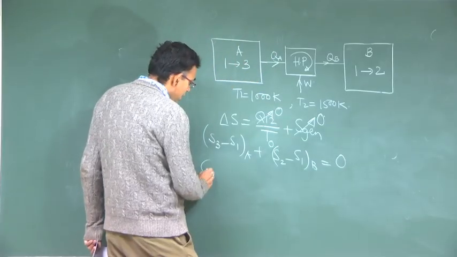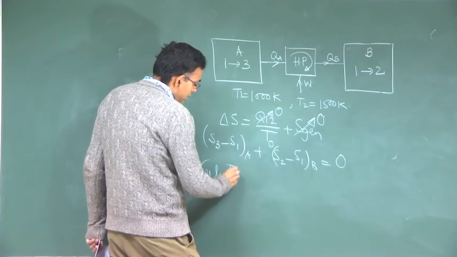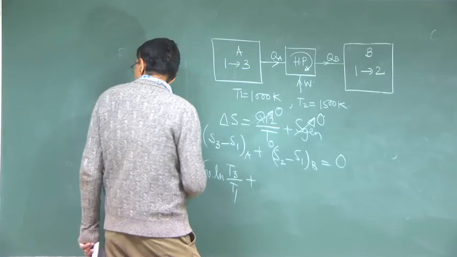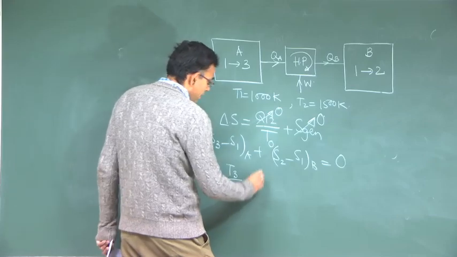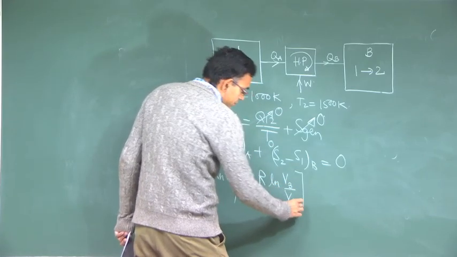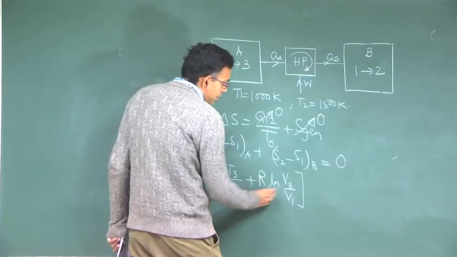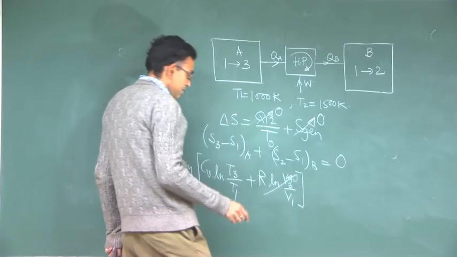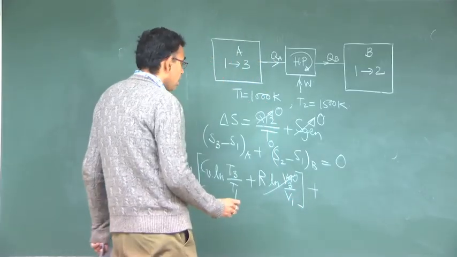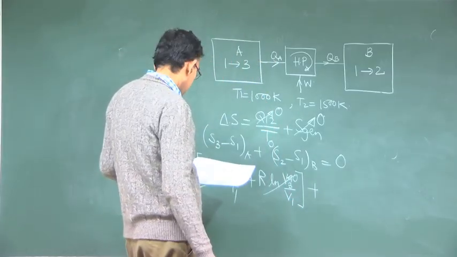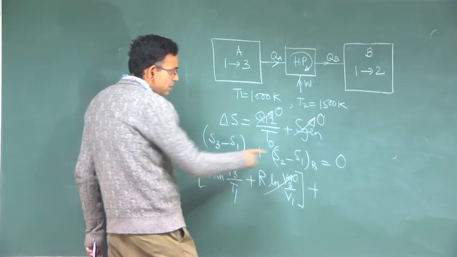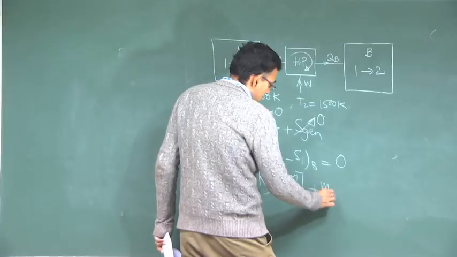So, this is CV ln T3 by T1. I can write in addition plus R ln V3 by V1. So, this is 0 because there is no change in volume of this, plus so the mass each contain 10 kg. So, if this is M, this is also M, M is 10 kg.